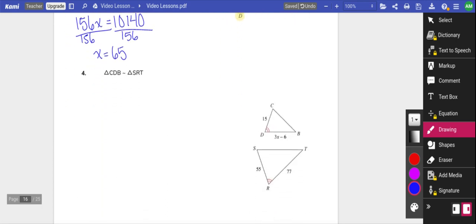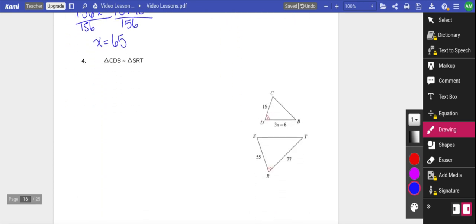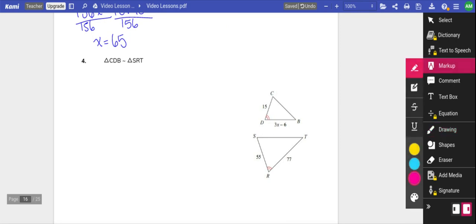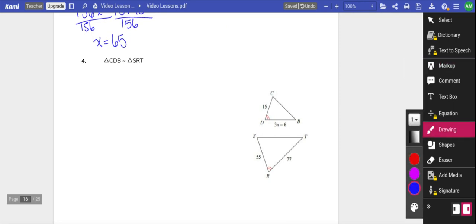In my next triangle, I'm going to do the same thing. CDB. So I'm going to use my pencil. I'm going to go from C down to D with a little squiggle, and then over to B with a thicker line. And then I'm going to do the same thing in my other triangle, S to R with a squiggle, and then over to T with a thicker line.